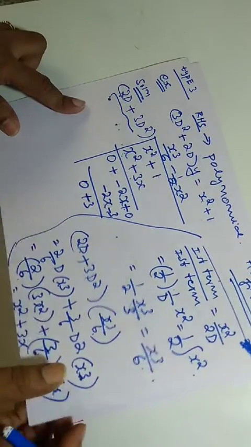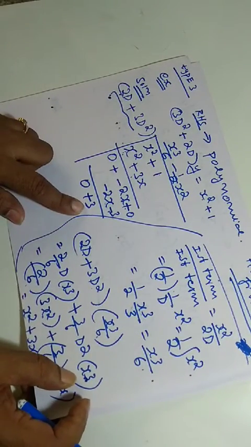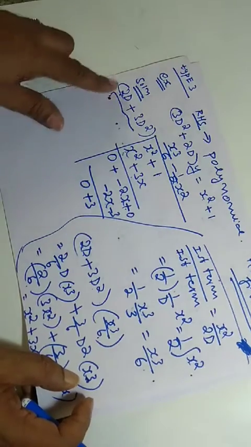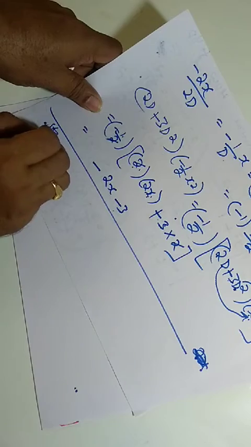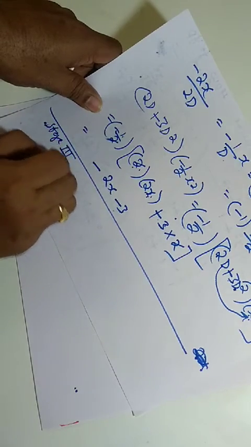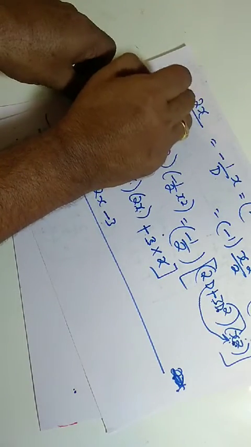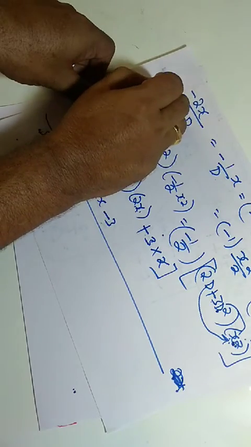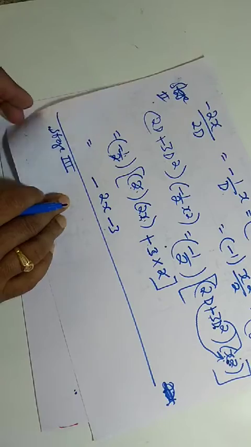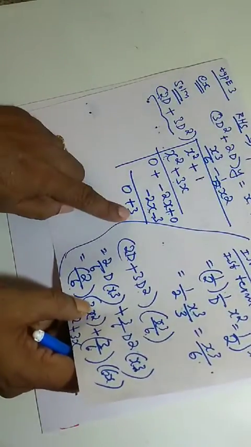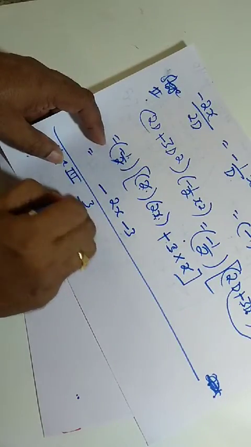Now again let us go for stage 3. What is stage 3? Again first term by first term. This is stage 2. The first term here is 3, I have written.